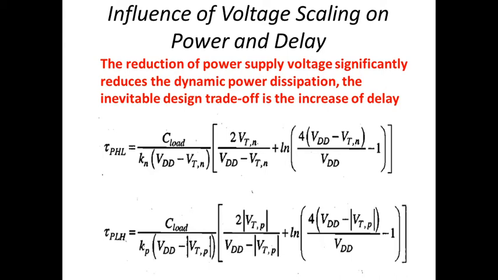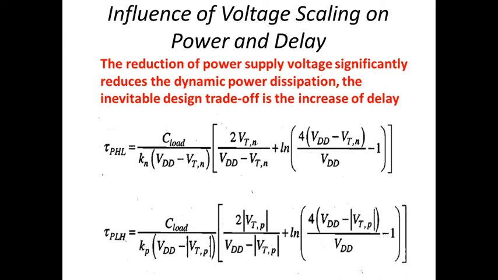Meaning, if you try to decrease the power dissipation, then there is an increase in what? Delay. Here you can observe tau PHL, that is the propagation delay for the high to low transition, and tau PLH, that is the propagation delay for the low to high transition. So there are two delays, high to low transition and low to high transition.